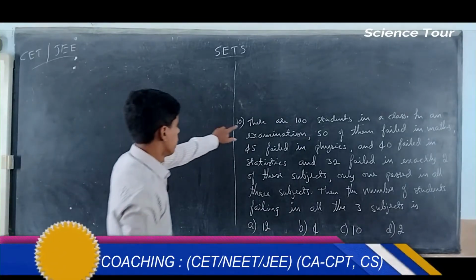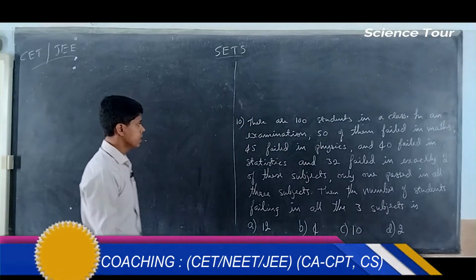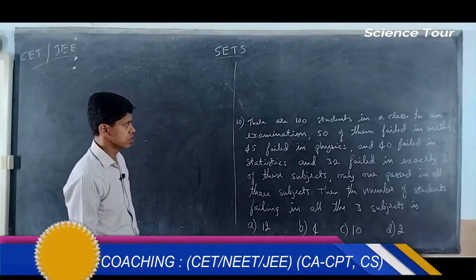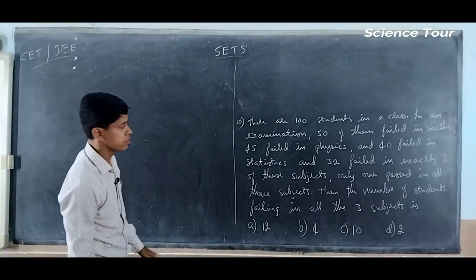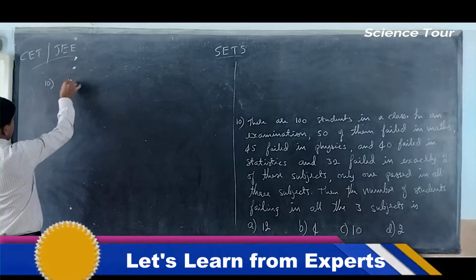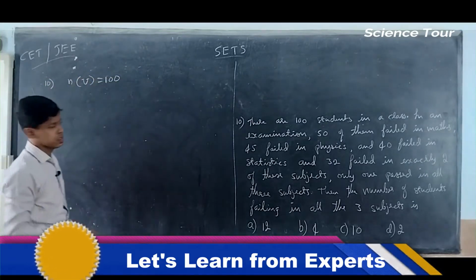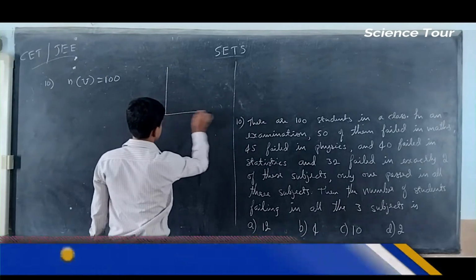Now there are 100 students in a class. In an examination, 50 of them failed in maths. So get this straight. You have totally 100 people in the class.